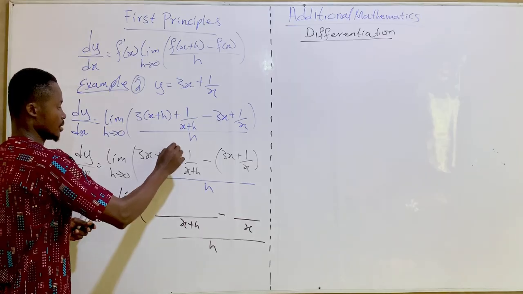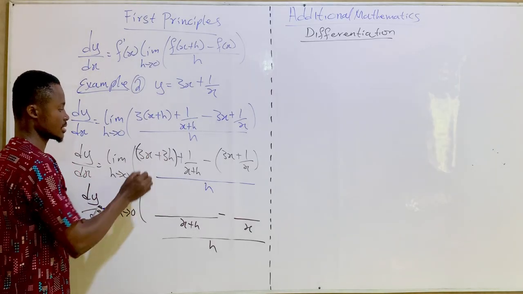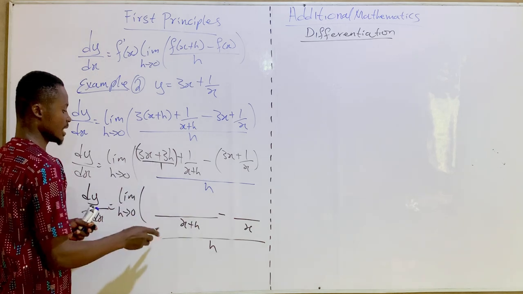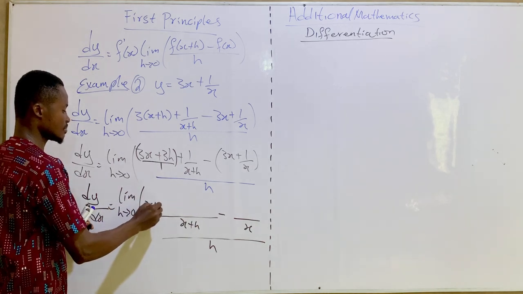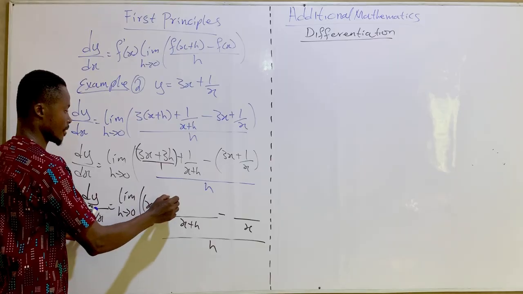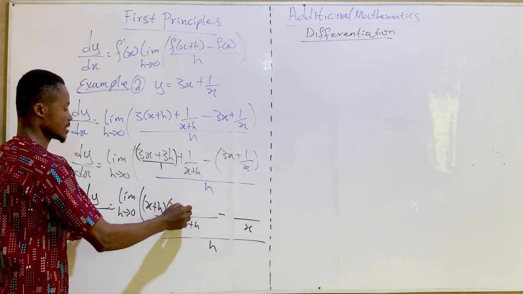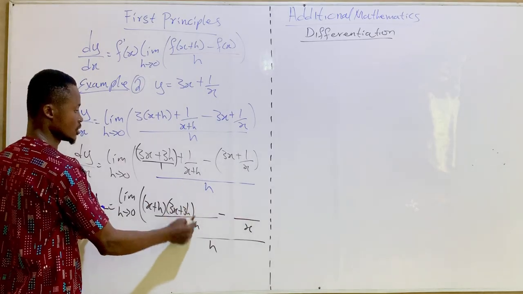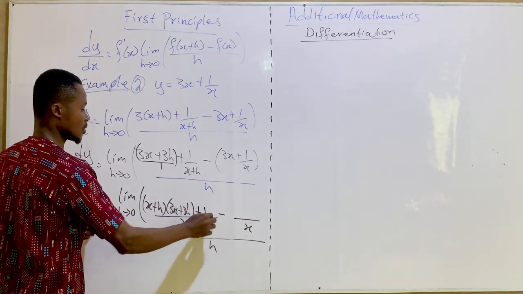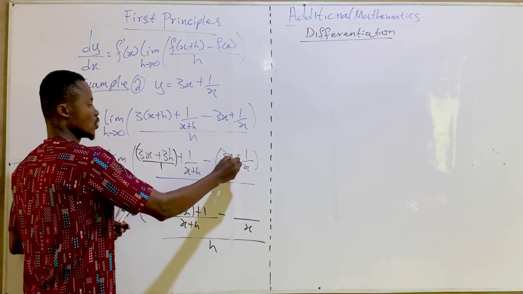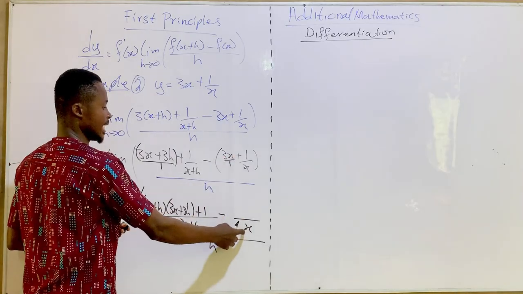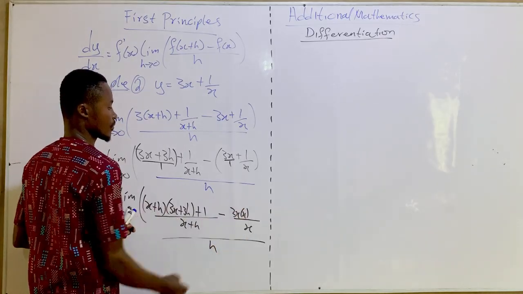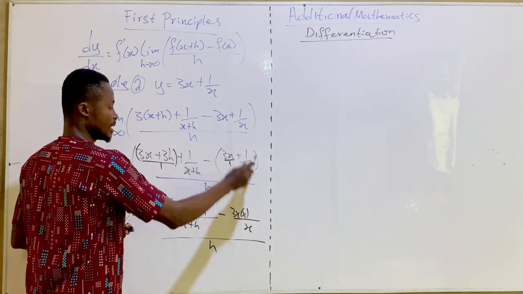Now this, we place it in the bracket, is over 1. So when this goes here, it will be x plus h multiplied by this. So we have (x plus h) multiplied by (3x plus 3h), bracket close. When this also goes here, to lift it to 1, so plus 1. This is also over 1. So when this one goes here, it will be x multiplied by this. When x goes here, 1, then plus 1.